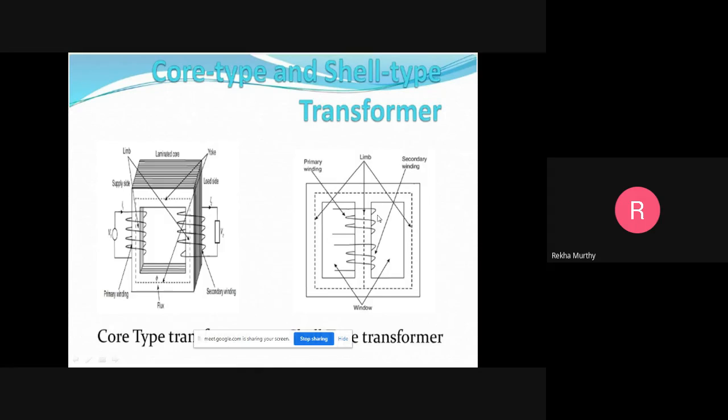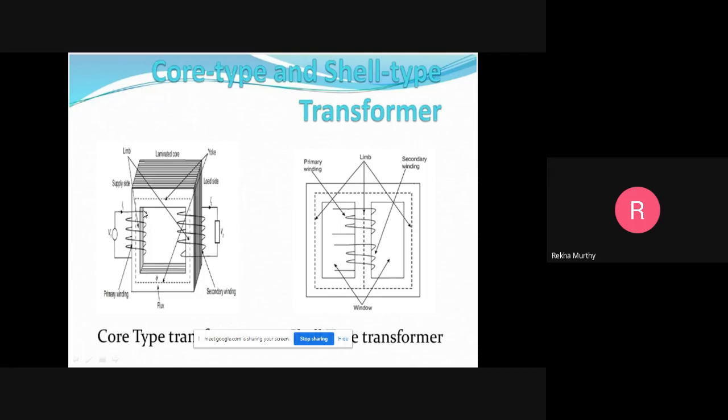That is one observation you need to consider when you derive the output equation of a transformer. Similarly, for the shell type, on one limb there will be both primary as well as secondary windings wound. So this is about the core type as well as the shell type.